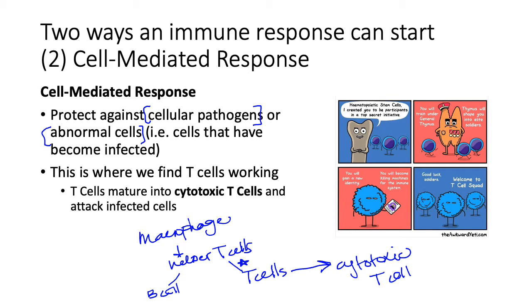Those T cells are then going to attack infected cells and destroy those cells. So if a cell becomes infected by a virus or something has gone wrong with the cell, that is when this cell-mediated response will be activated in order to destroy that cell.